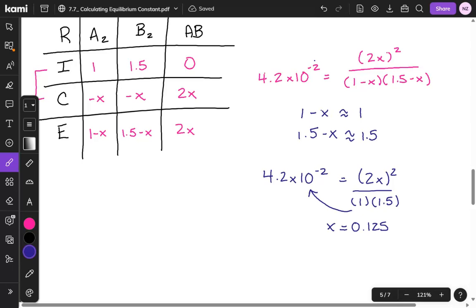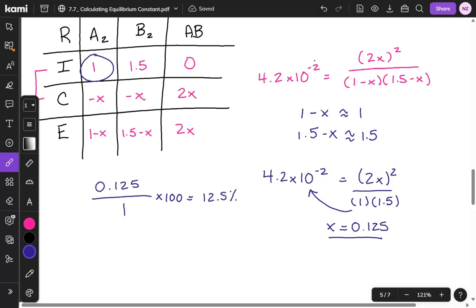Okay. So once you get to this point, you have to test to make sure that your assumption was valid. So I'm going to take my x and put it over one of my initial concentrations. So if I take 0.125 and put it over my initial concentration of 1 and then multiply it by 100, I get 12.5.